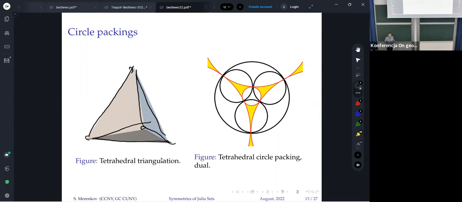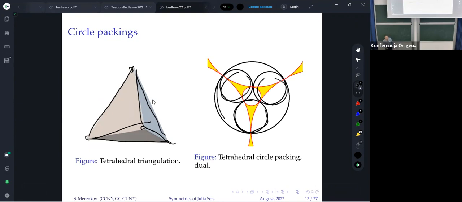The disks correspond to vertices, and two disks are externally tangent if and only if the vertices are connected by an edge. You can always do this for an arbitrary triangulation. For the tetrahedral one, it's this. The circles are in black here. There are 4 circles corresponding to 4 vertices, and they're pairwise tangent, like you expect.